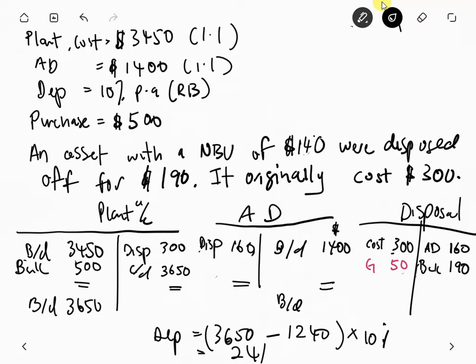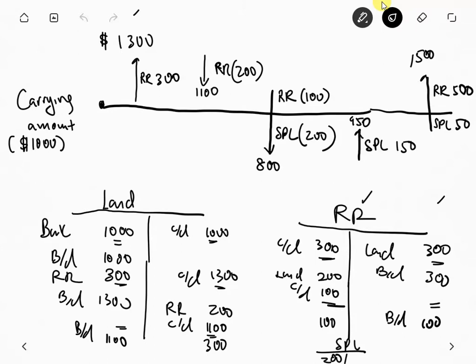Cost less accumulated, net book value. Is it okay? Of course, you carry down, brought down. Can I? So tutorial 3, we have many disposal accounts. That's why you must know how to record. Next. No more.